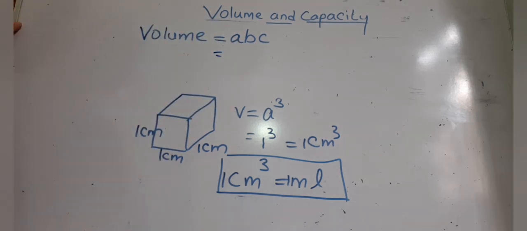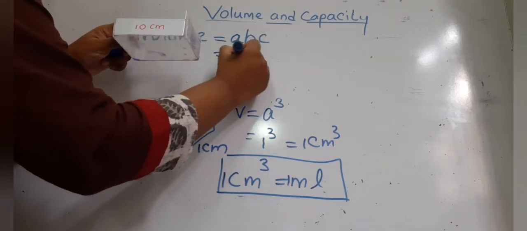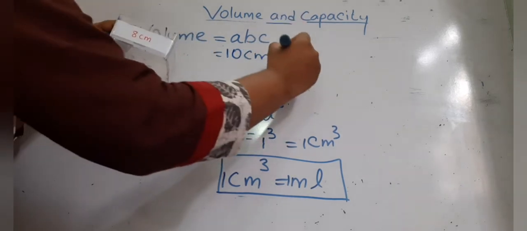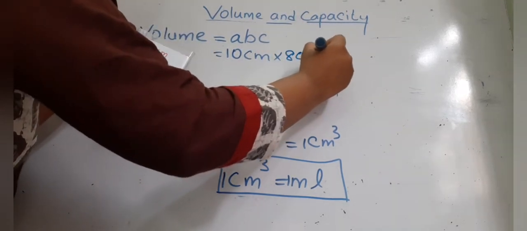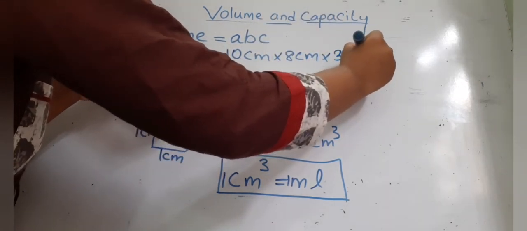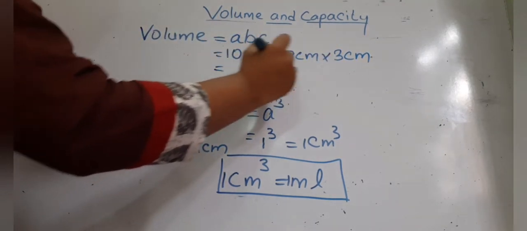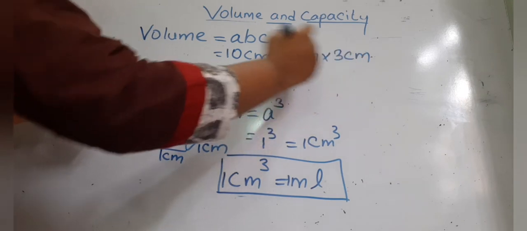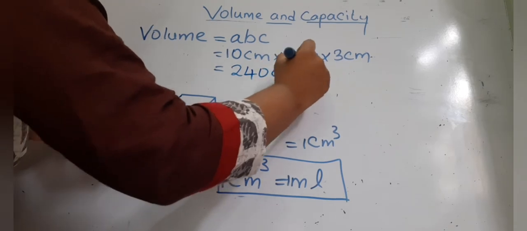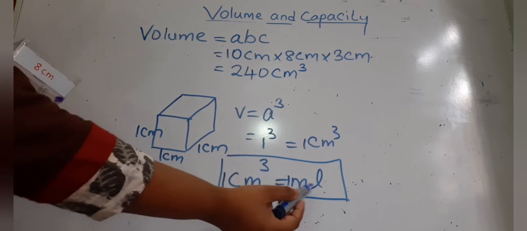So here the length of the container into which I poured water is 10 centimeters and the breadth is 8 and then the height is 3 centimeters. So when you multiply all three, you will be getting 8 times 3, 24. 24 into 10 is 240 cubic centimeter.